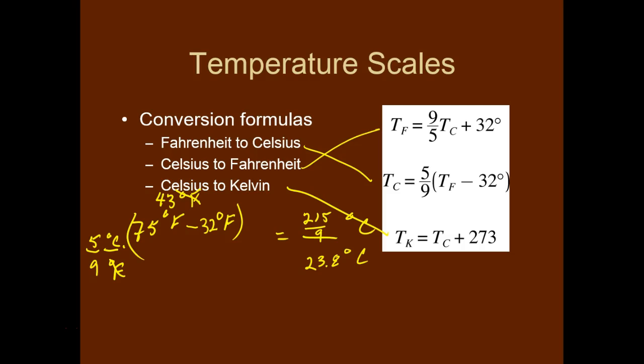If you're starting with degrees Celsius, you do 9 to 5, so Celsius cancels out and you get Fahrenheit.